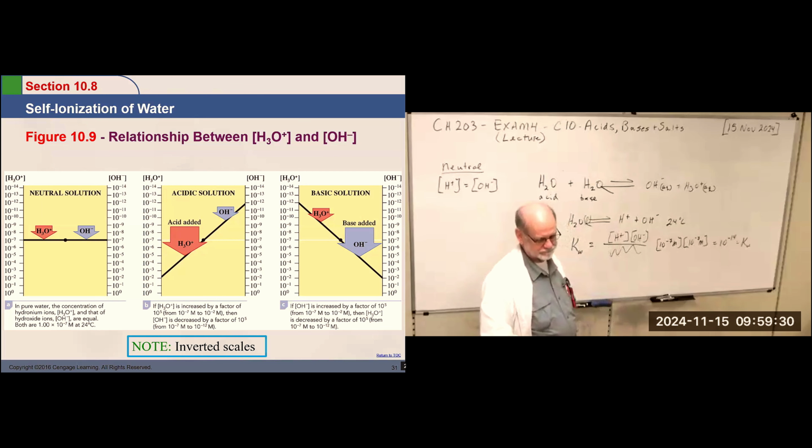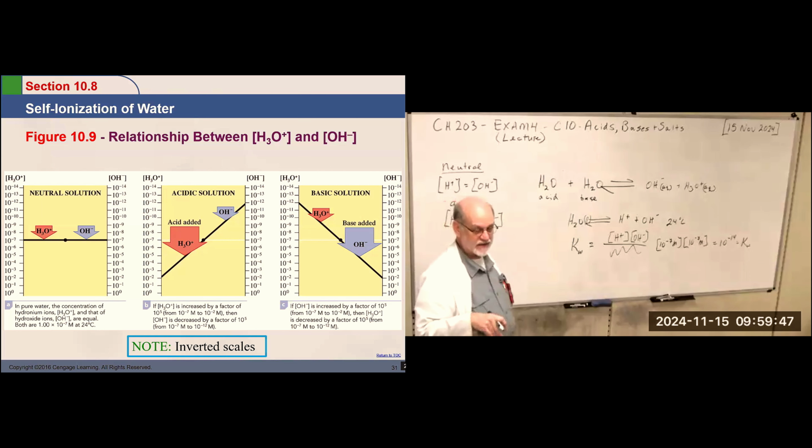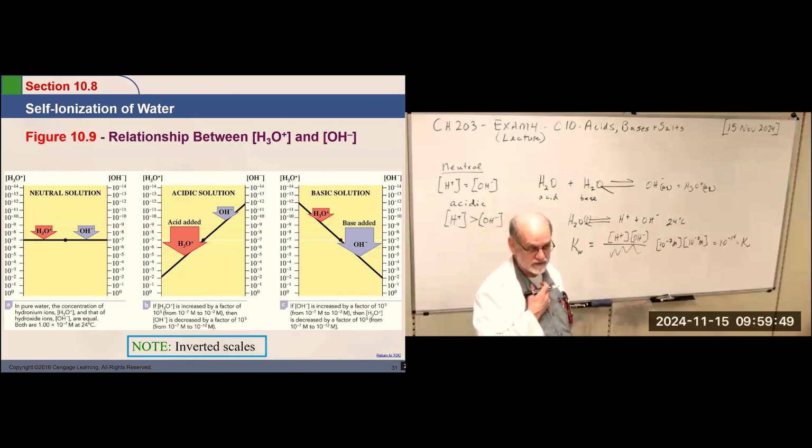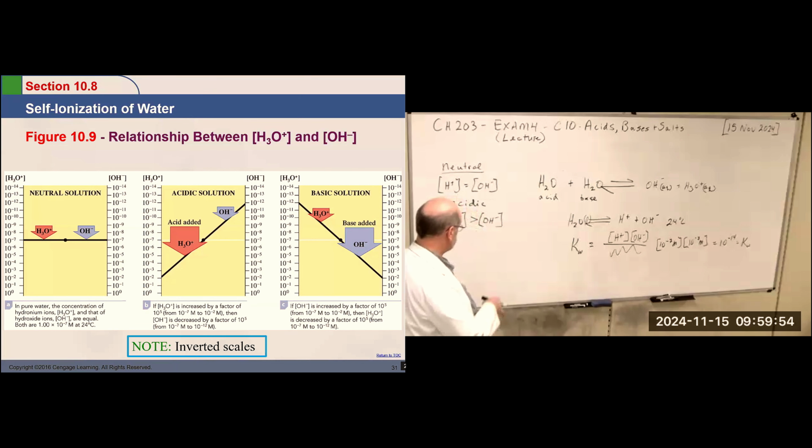An acidic solution is one where the concentration of hydrogen ions is greater than the concentration of hydroxyl. So if we took pure water and added some hydrochloric acid to it, maybe 10th molar would be a good choice, then it would definitely be acidic. We would have a higher hydrogen ion concentration than hydroxyl.